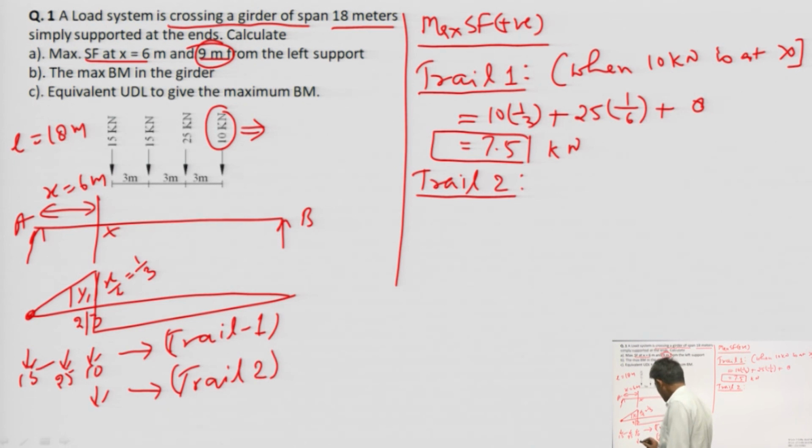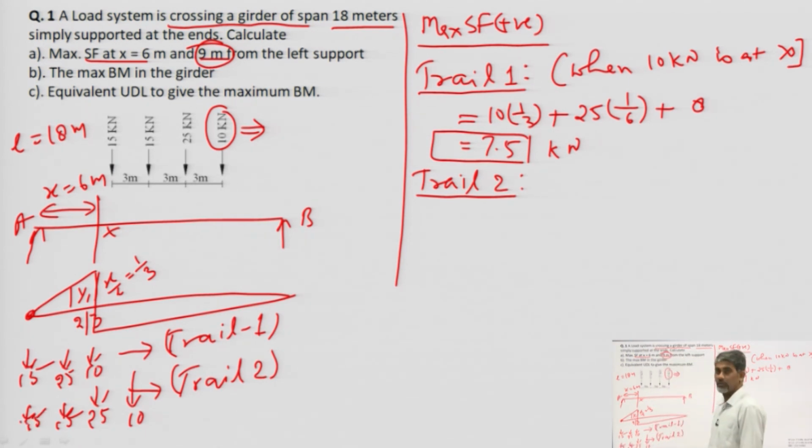In that case, the 25 kilonewton load is here, and the 10 kilonewton load is here. Then 25, then 15, and here it will be 15. So, this will be the position of the loads.